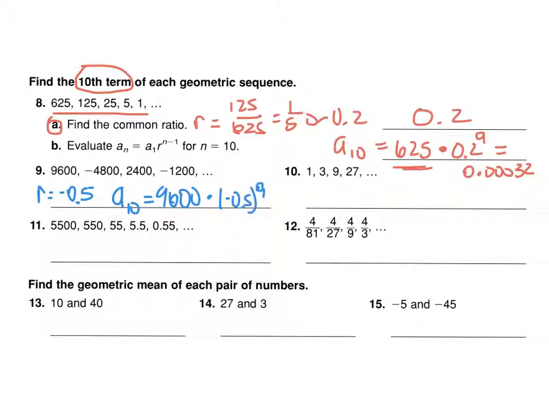Oh my goodness, that's supposed to be a 9. And it's okay that that turns out to be negative because we're raising this to an odd power, so it's going to be negative. And when I do that, of course, I'm running out of space here again, but I got negative 18.75 for number 9.